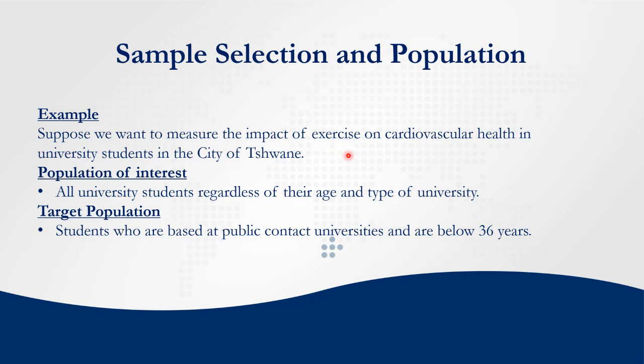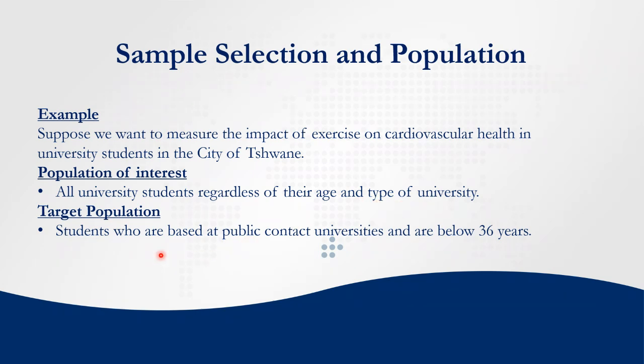So another example: suppose we want to measure the impact of exercise on cardiovascular health in university students. Let's say you're looking at university students in the city of Tshwane. So that's your interest. The population of interest will be university students, right? At a high level, regardless of their age or type of university.